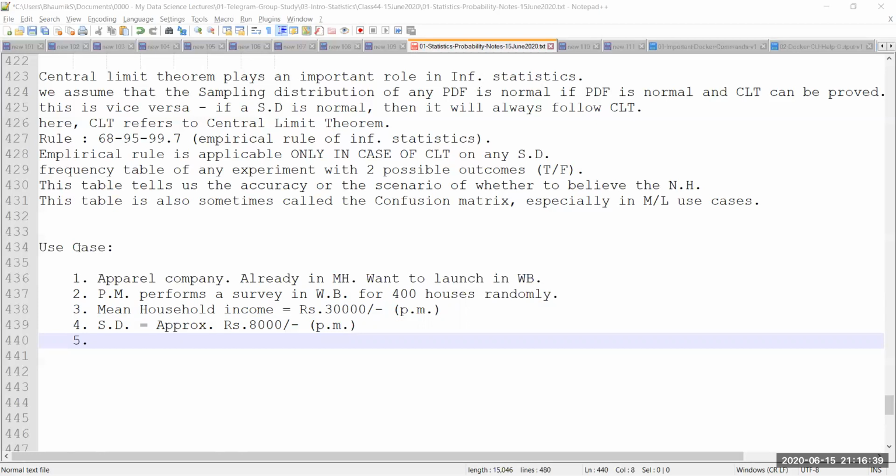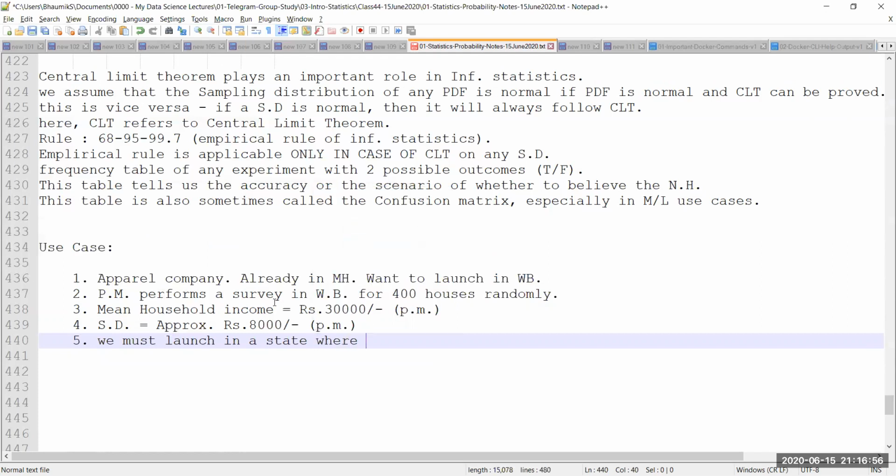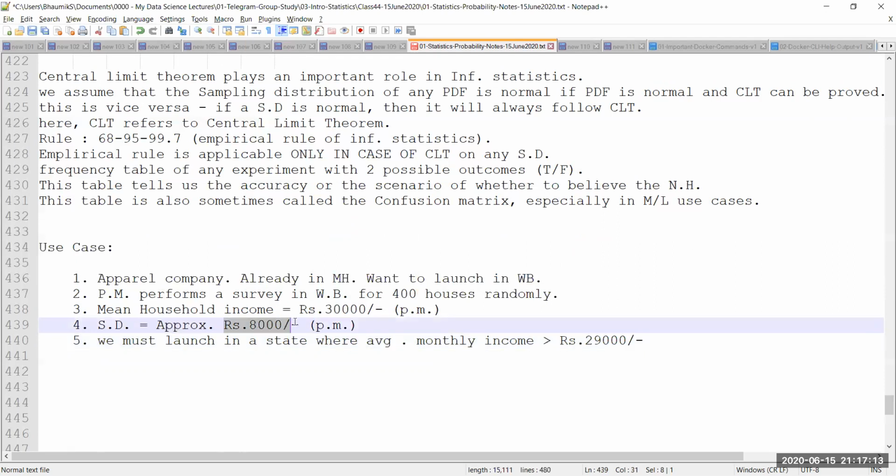But she is saying that we should not go there, because her null hypothesis is we must launch it in a state where the average monthly income must be greater than, not equal to, greater than rupees 29,000. But West Bengal is already satisfying this, right? But it has a very large standard deviation.